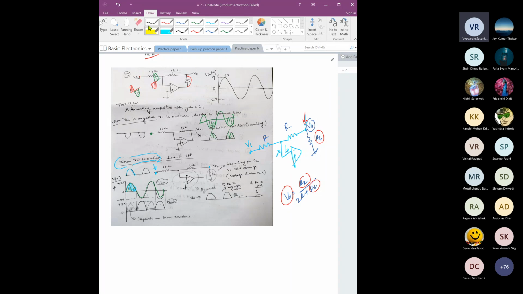You forgot. See, the precision amplifier that we have studied in the class is something like this.